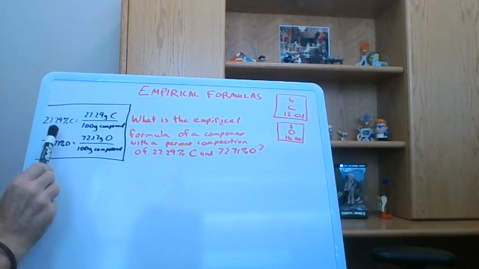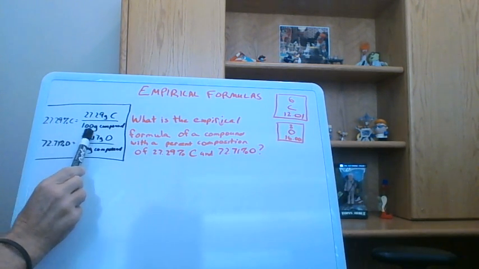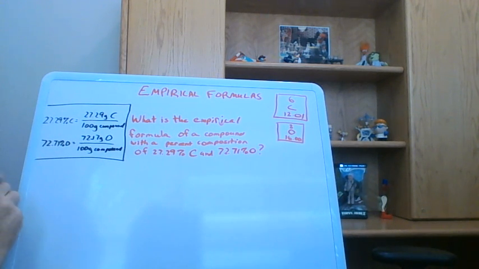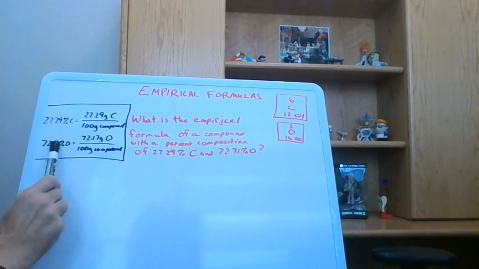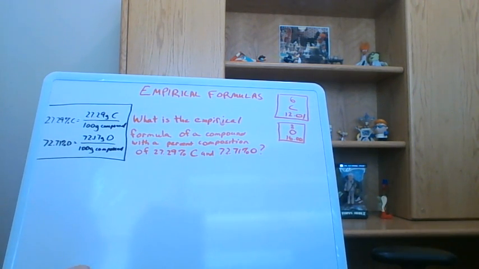So if something has 27.29% carbon, that means out of every 100 grams of compound, 27.29 of those grams are carbon, and out of every 100 grams of the compound, 72.71 of those grams are oxygen. So remember, that's what our percent composition tells us.